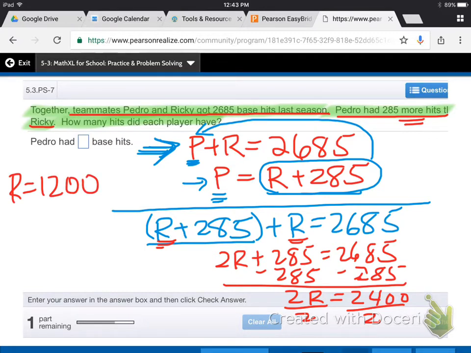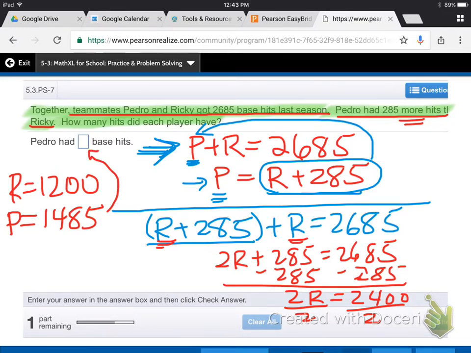If we then take the second equation, Pedro's number of base hits is going to be Ricky's plus 285. So if we add 285, then we know Pedro got 1,485. So Ricky got 1,200, Pedro got 1,485, and that's actually the answer that goes there.